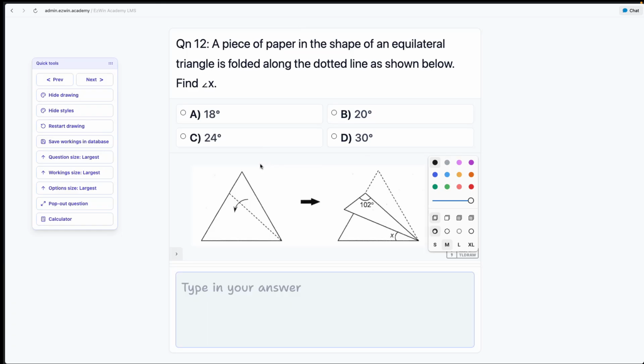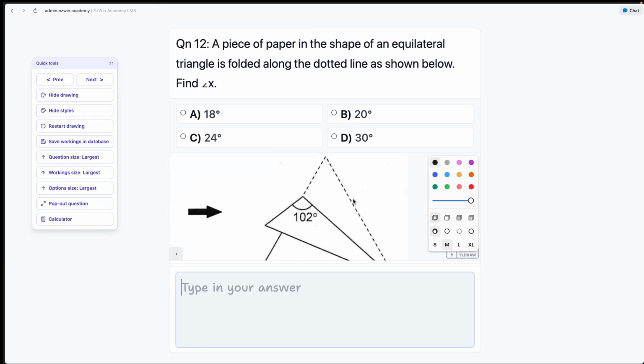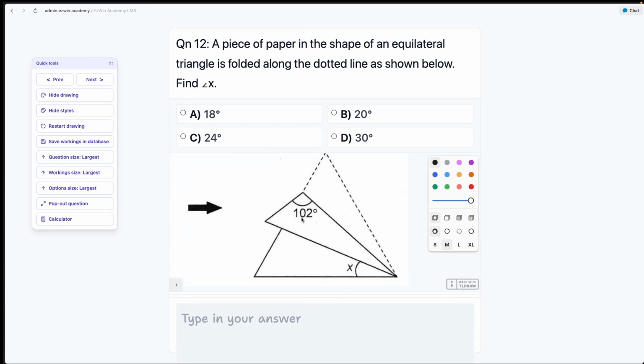Okay, so for this question, for folded angles, what you need to know is that, so you see this 102 degrees. So that means if you see something folded, it usually means that the angle that is beside it is also the same. So this is also 102 degrees in this case over here, right?